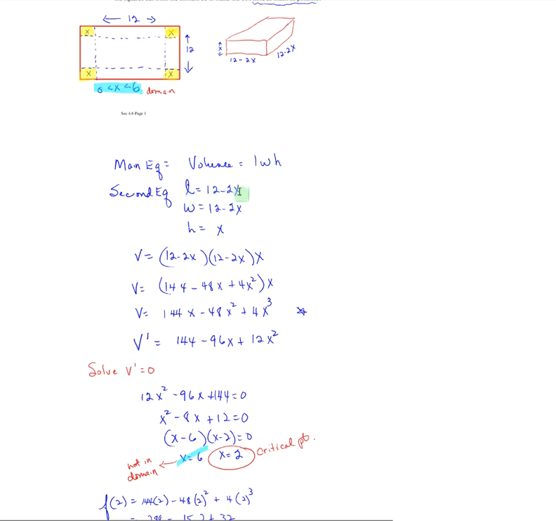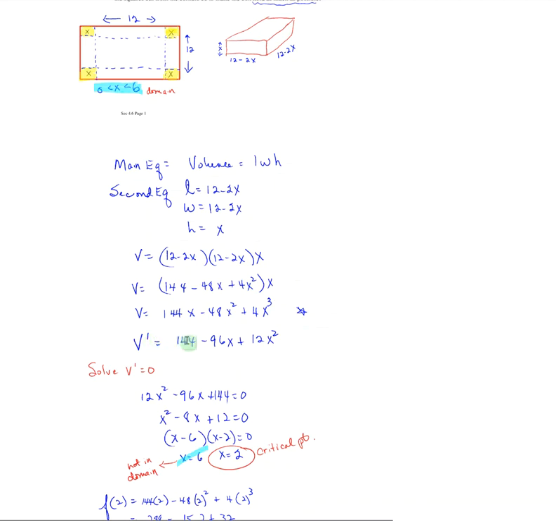L is 12 minus 2x, W is 12 minus 2x, H is x. That way we have everything in terms of x. So volume is the three of those things multiplied together. You do need to go ahead and multiply, FOIL that, and get that out to here. This is your volume function.